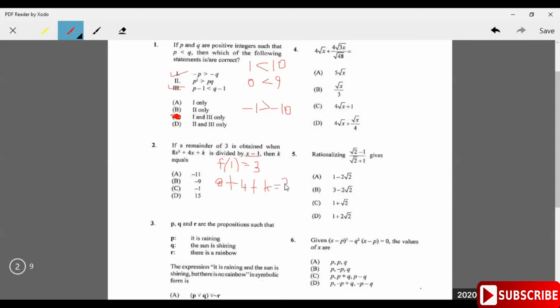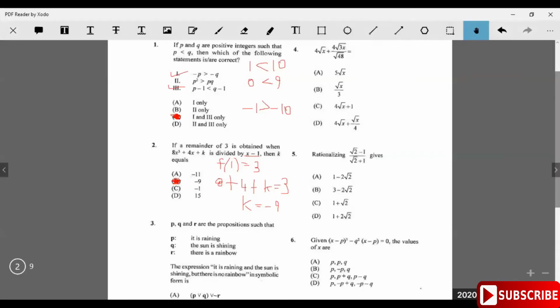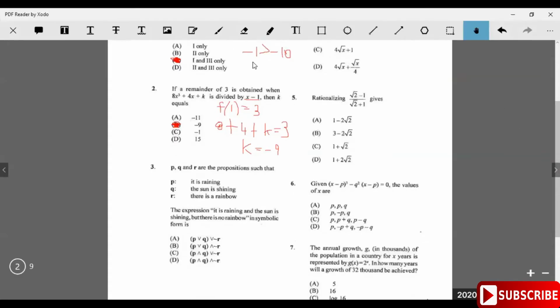And so 8 plus 4 is 12, and we have 12 plus k is equal to 3. So k has to be equal to minus 9. So that's k, option B. Nice and easy.